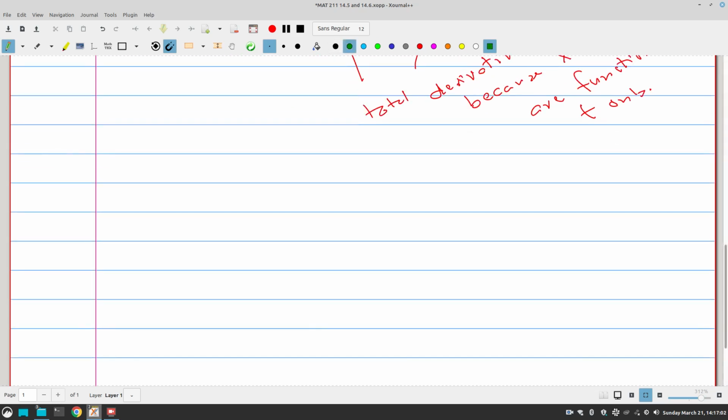Let's draw a flowchart. Not exactly a flowchart, but what's its branch diagram, I guess. Z is a function of both x and y, and again x and y are both functions of t. So you move along this branch, you get partial z over partial x times dx over dt.